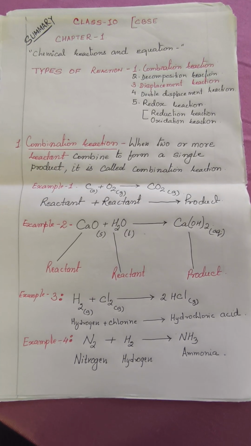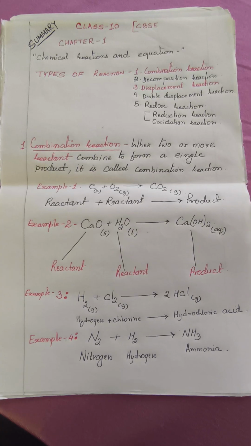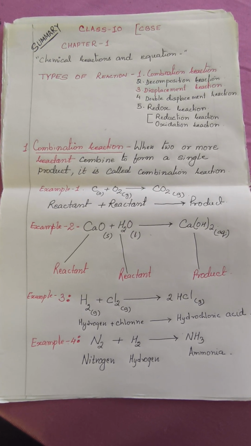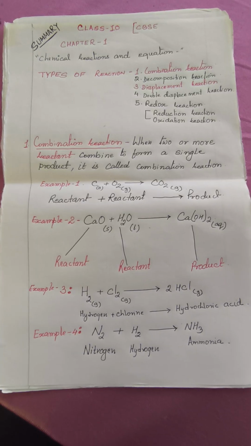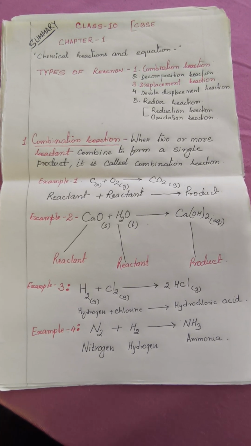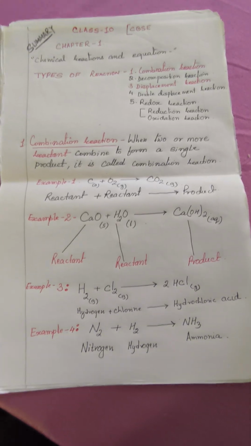Today I am going to explain chapter number 1, that is chemical reactions and equations. In this chapter, the main content is the types of reactions.